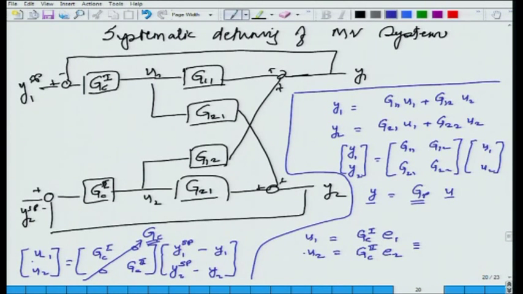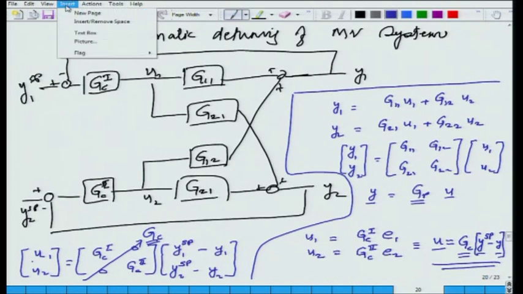So, now what I am saying is that this is equivalent to u vector being equal to GC matrix, which is a decentralized matrix, times the y set point minus y vector. So, I substitute for u what I have derived here.